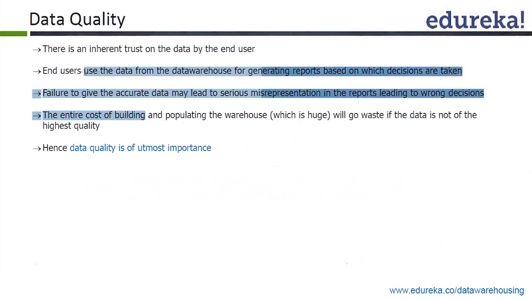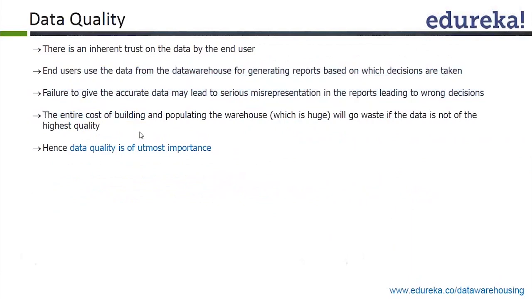So let's see what they say in the slide. The data quality: there is an inherent trust in the data by the end user. They are saying that the data we supply to the data warehouse is assumed by the end user to be of perfect quality, right? We are doing so many things, from extraction to transformation and loading.